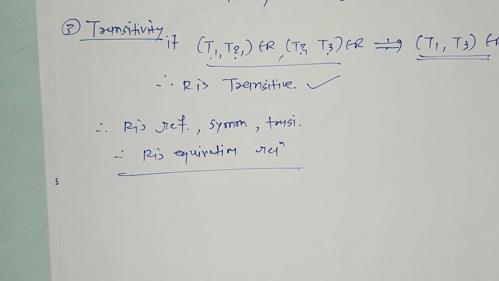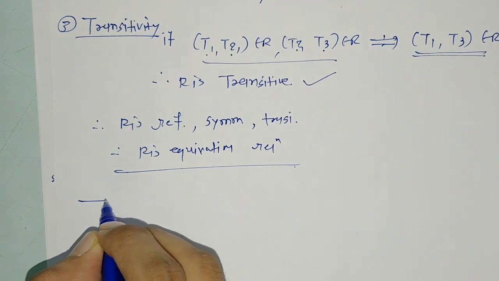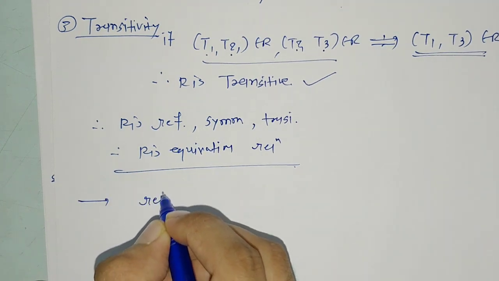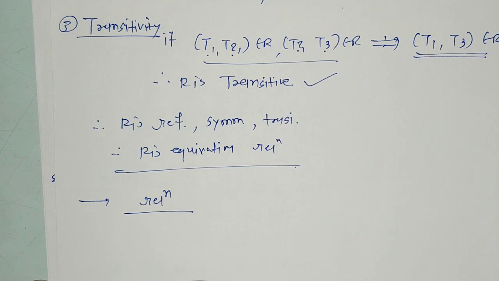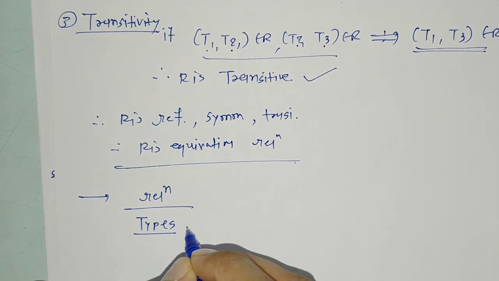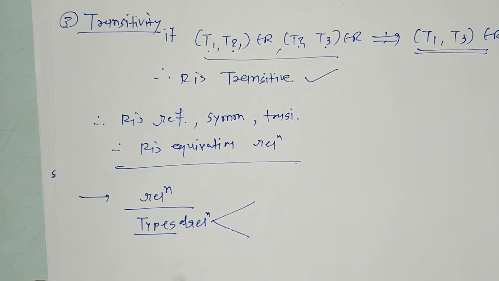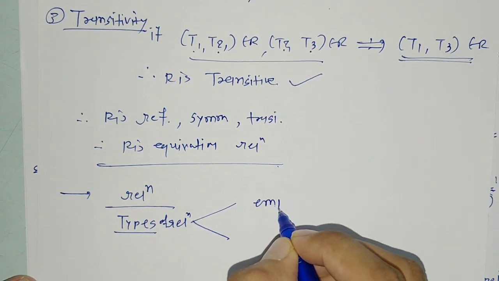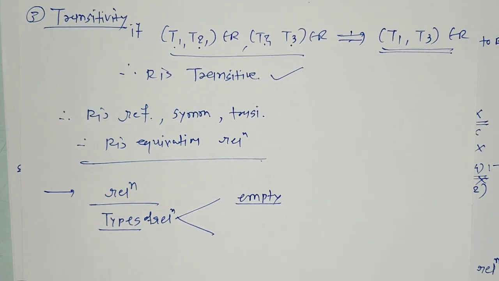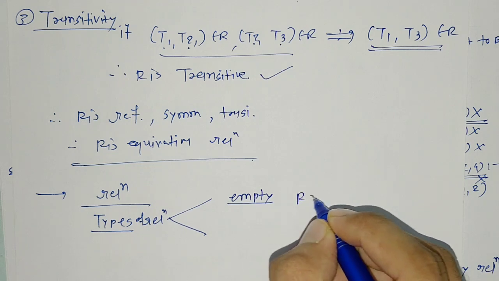Okay, so this is the basic information or introduction of chapter 1. We have studied what a relation is. In that we have introduced the types of relation. The empty relation, a relation which is empty, equal to phi.